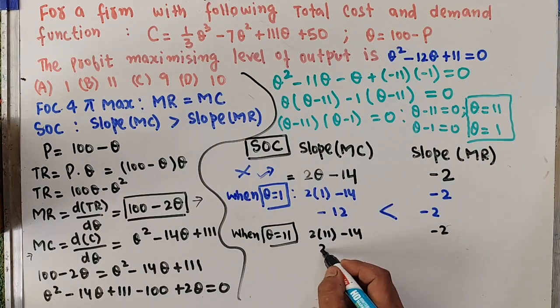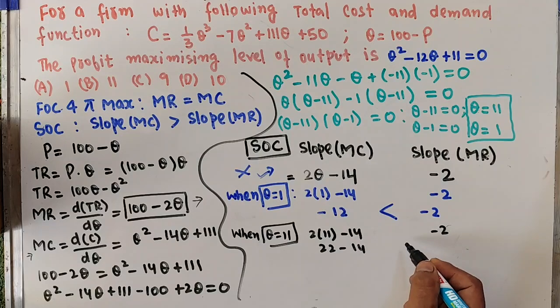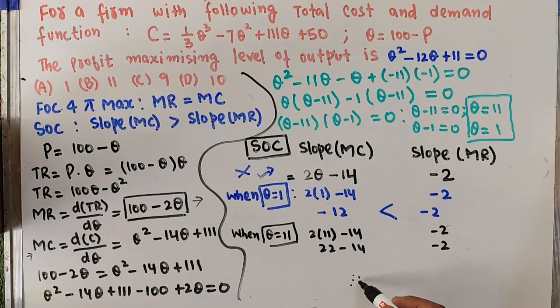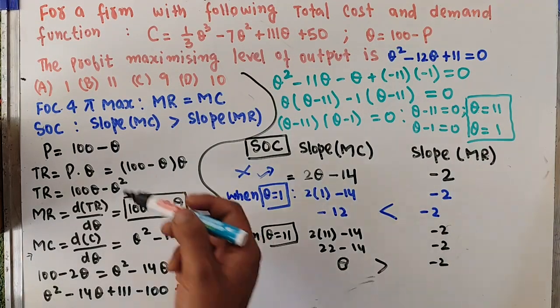So it is 22 minus 14, which gives plus 8, and here minus 2. You can see the slope of the marginal cost function is greater than the slope of the marginal revenue function. That means profit is maximized when q is equal to 11.